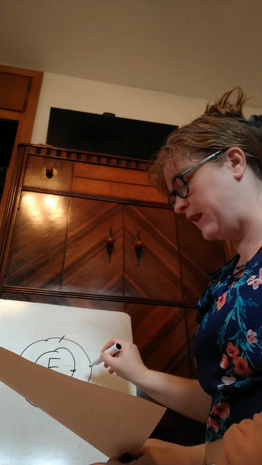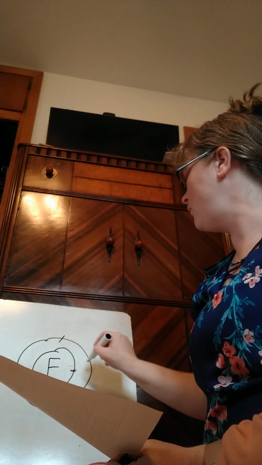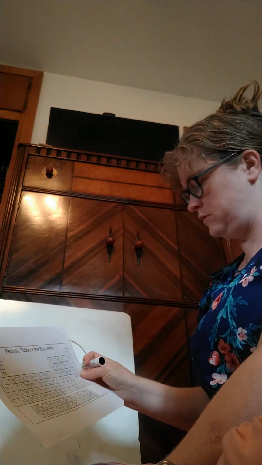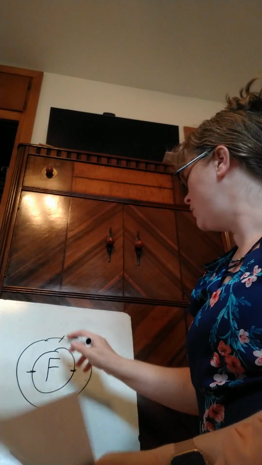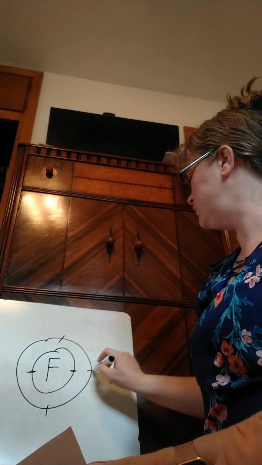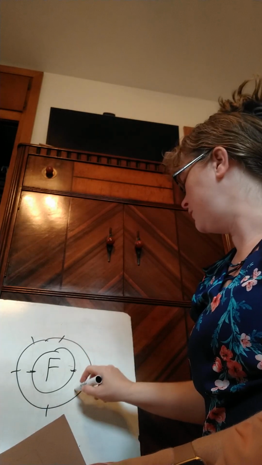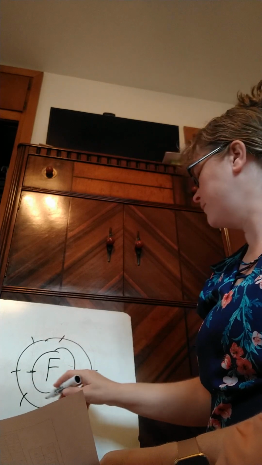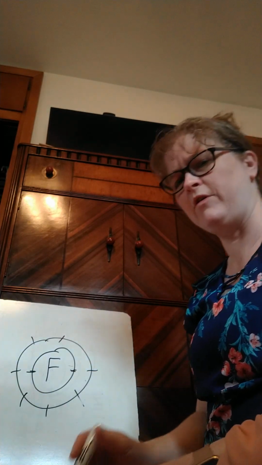And then we need to get up to 9 electrons. Can it be 8 in this shell? Yeah. 1, 2, 3, 4, 5, oh, hold on. 6, 7. So we have our 2, and then we have our 7.